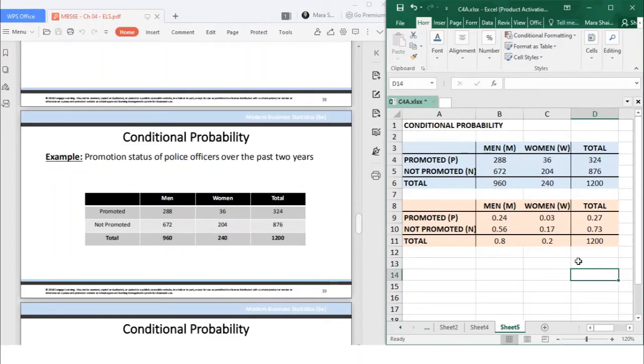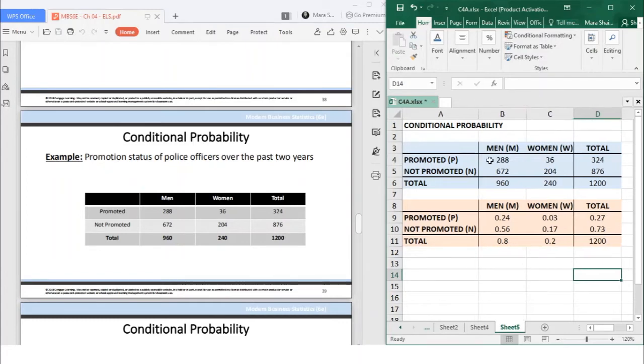You can see how many men were promoted, how many women were promoted, and not promoted for both men and women. This table is familiar, right? We saw it in chapter 1 or 2 when we were creating the cross tabulation.